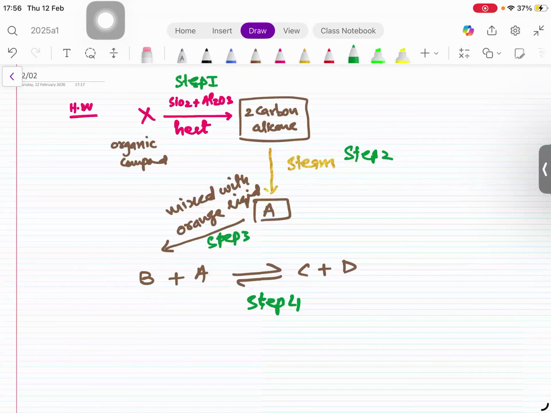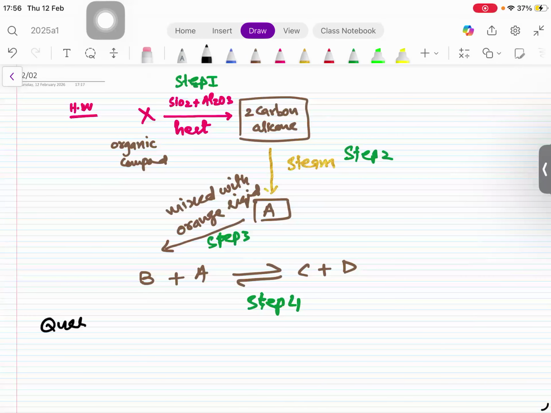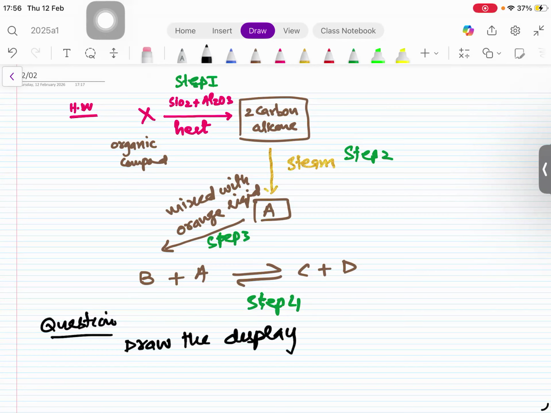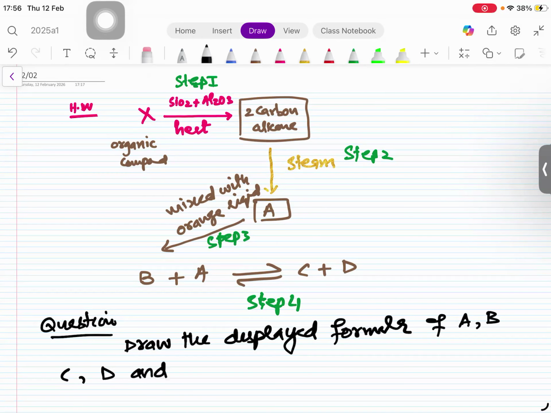Now the question is: draw the displayed formula of A, B, C, D, and X and the 2-carbon alkene.